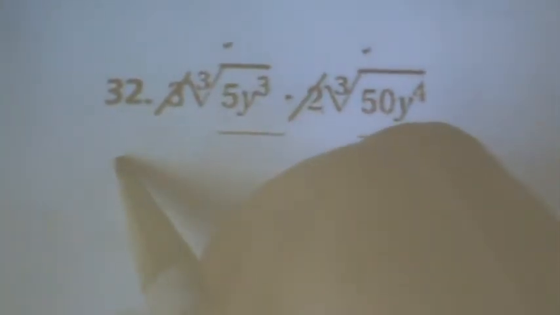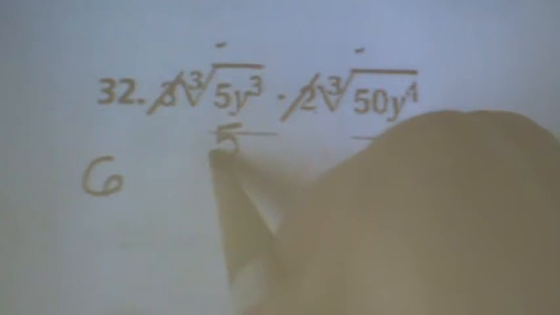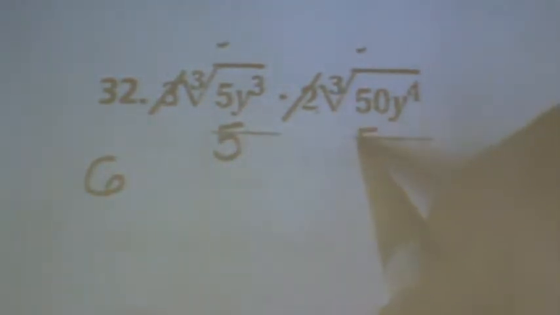Next, I'm going to take the 3 and the 2 and multiply them. I get 6. Okay, now I've got the cube root. I'm looking for 3 of a kind. I've got a 5 here. And 50 is 5 times 10.